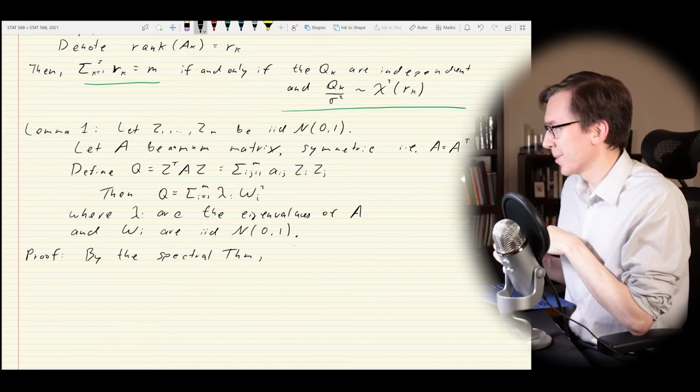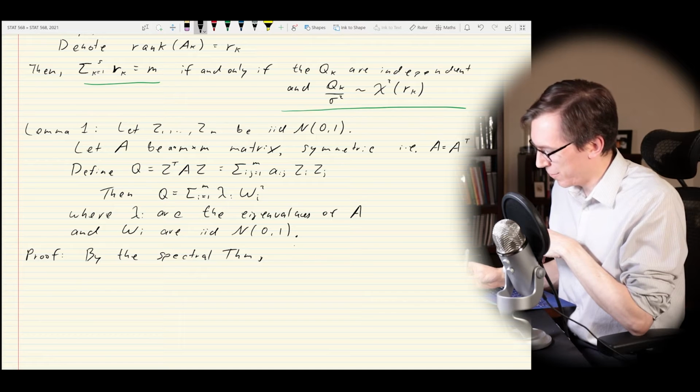Anyway, by the spectral theorem, I should say for symmetric matrices, because there are lots of spectral theorems out there.